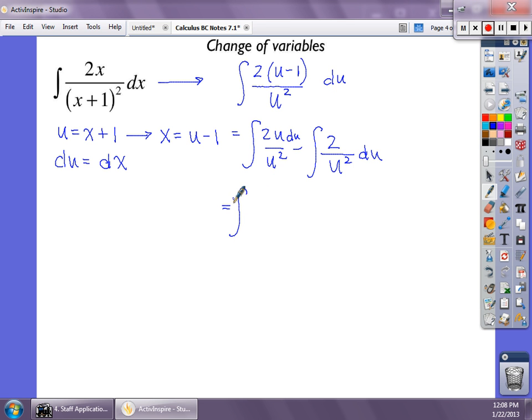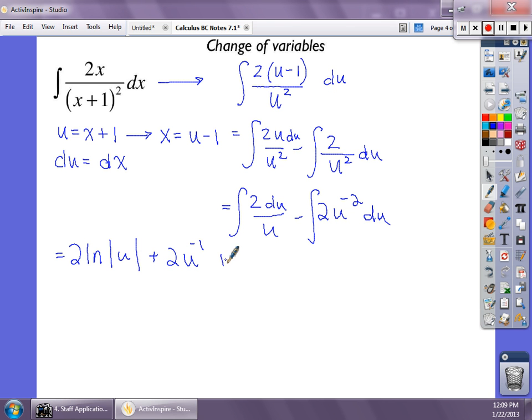Integral of 2 du over u minus 2, and this is u to the negative second du. Ready to integrate? This becomes 2 the natural log of the absolute value of u minus 2, add 1 and divide. So we're going to add 1 to negative 2, that's negative 1, divide by negative 1, that makes this positive, and it's u to the negative first, and then we have plus c.